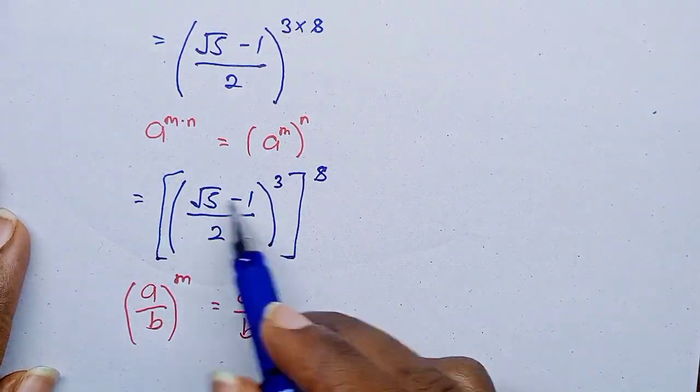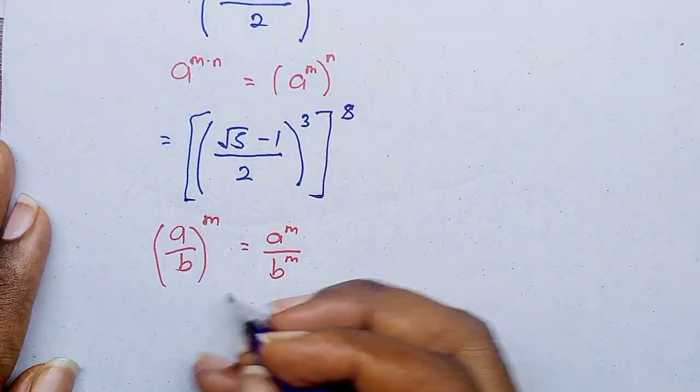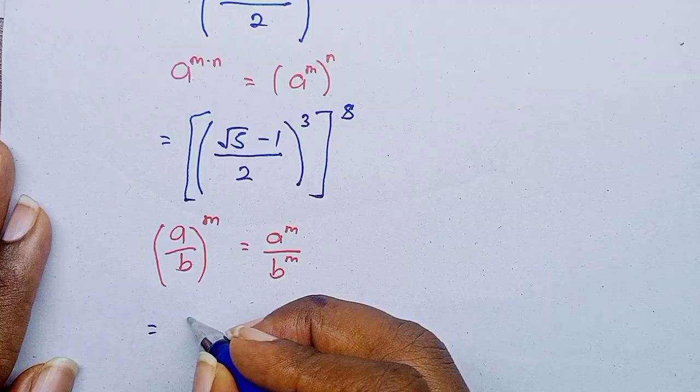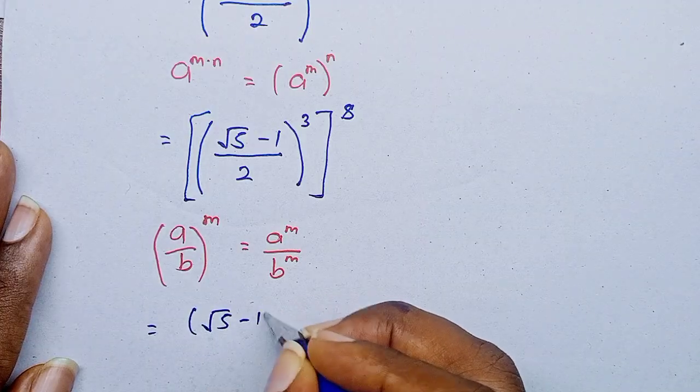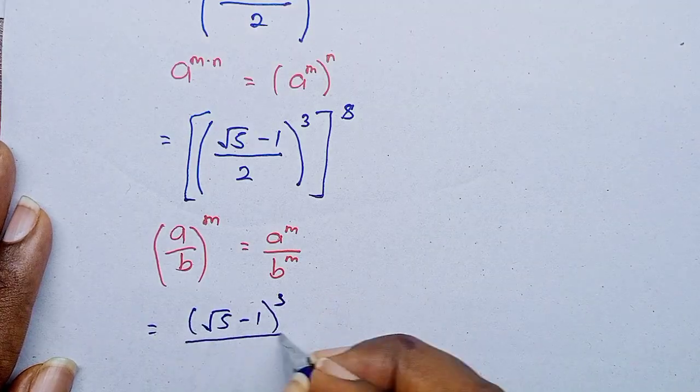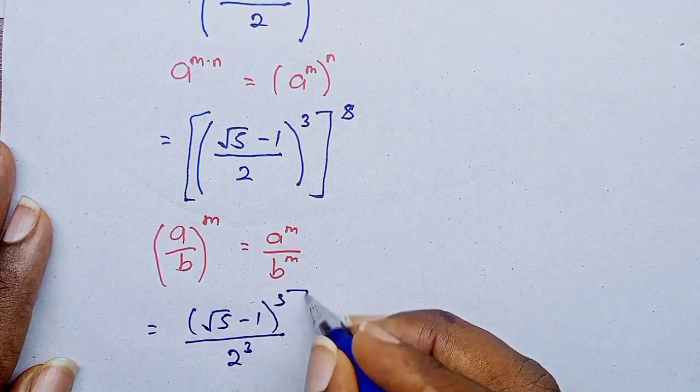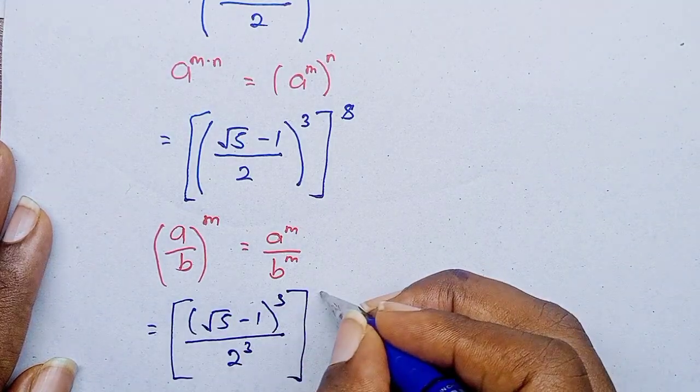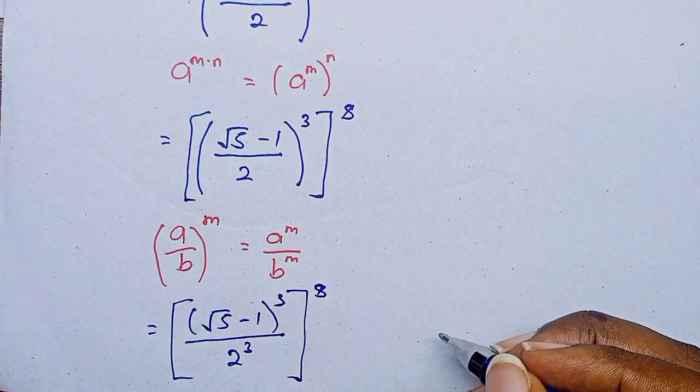So this here, this inside bracket will become root of 5 minus 1 to power 3 over 2 to power 3, then all to power 8.